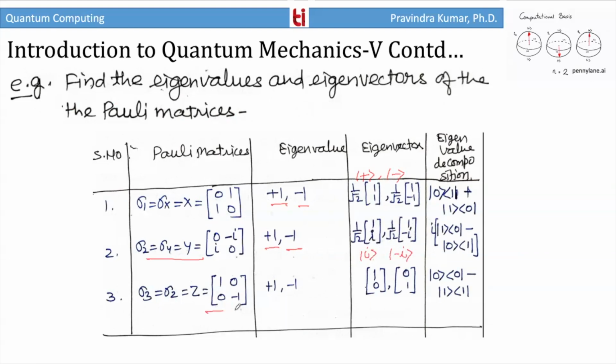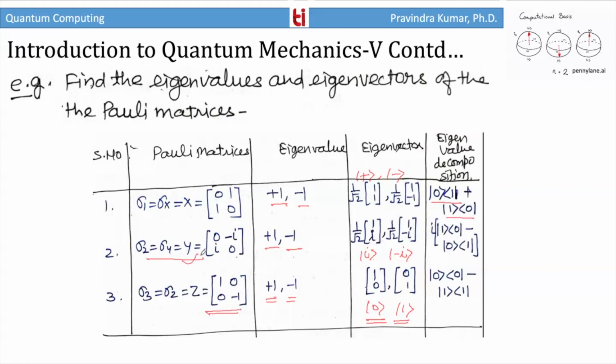If we consider the Pauli Z matrix, the eigenvalues are the same, plus 1, minus 1, but the eigenvectors will be ket 0, ket 1. You can do the calculation as we have done for the Pauli X matrix, and you can see in outer product form, Pauli X matrix is written as the outer product of ket 0 bra 1 plus the outer product of ket 1 bra 0.